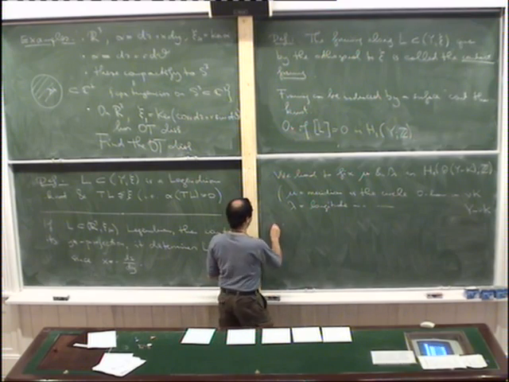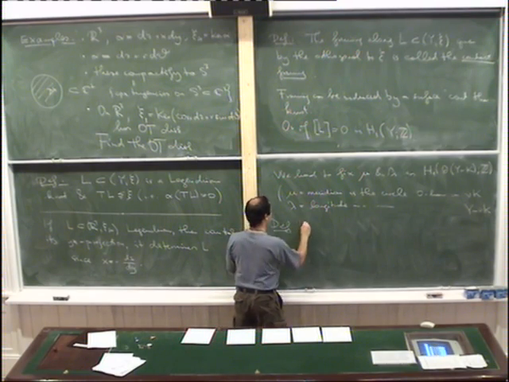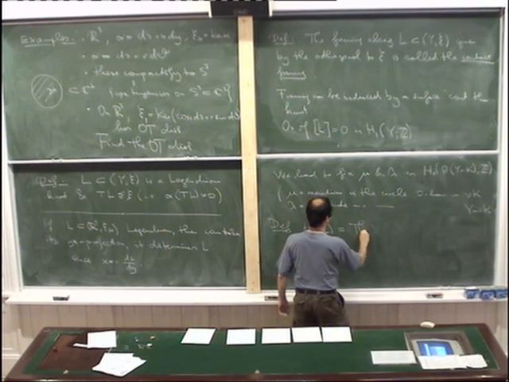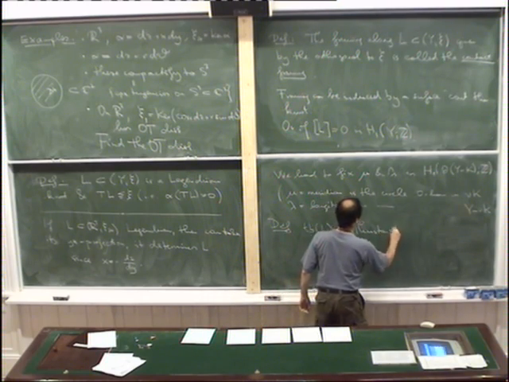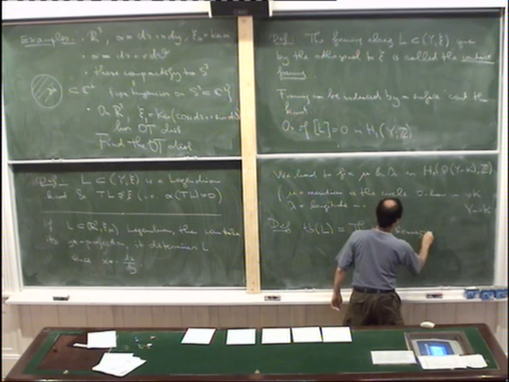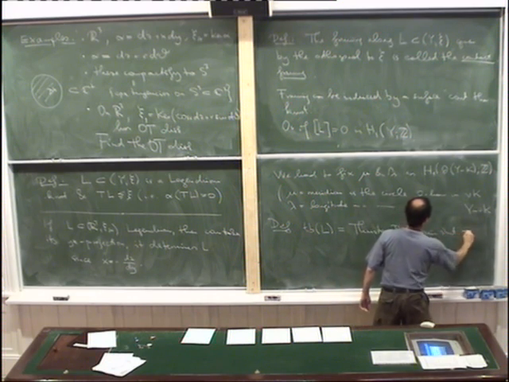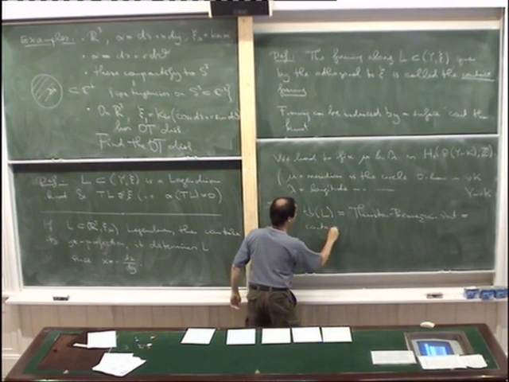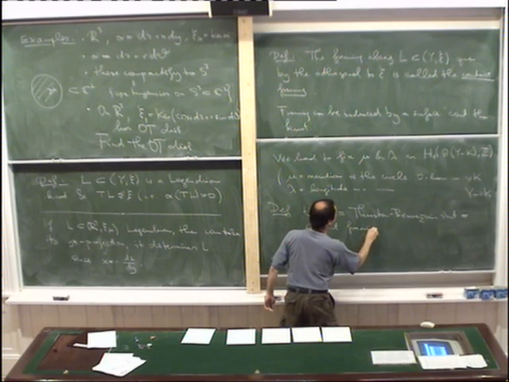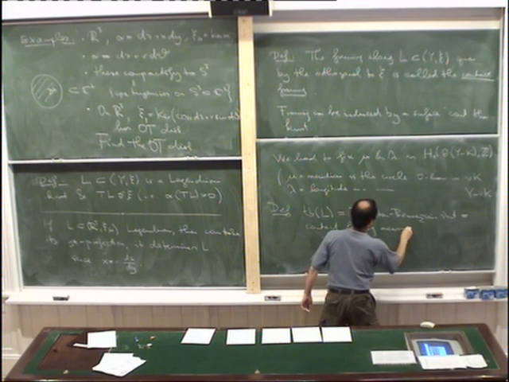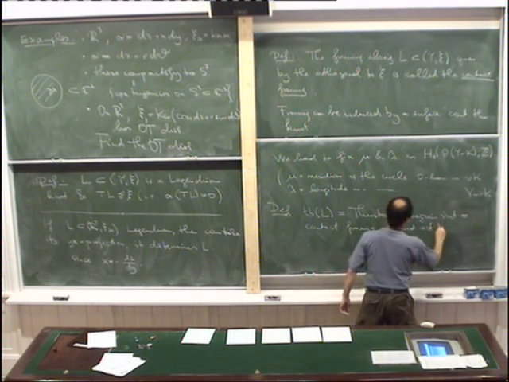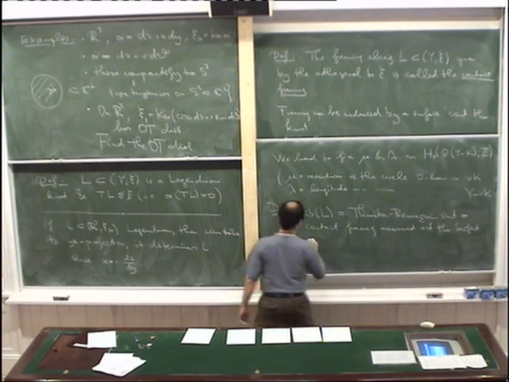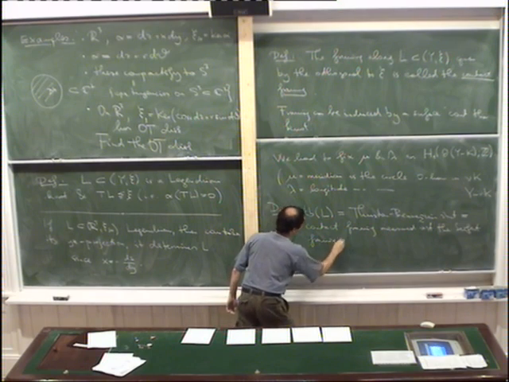So the definition: tb of L is by definition the Thurston-Bennequin invariant, equal to the contact framing measured with respect to the Seifert framing, if it exists.